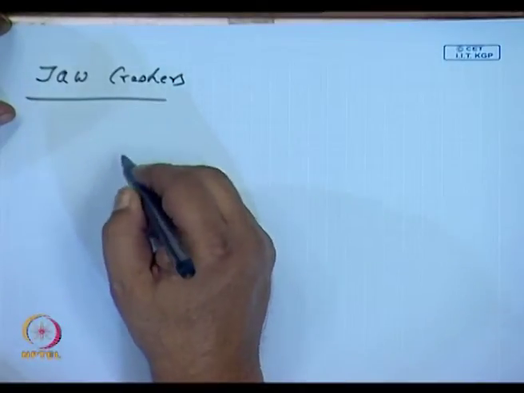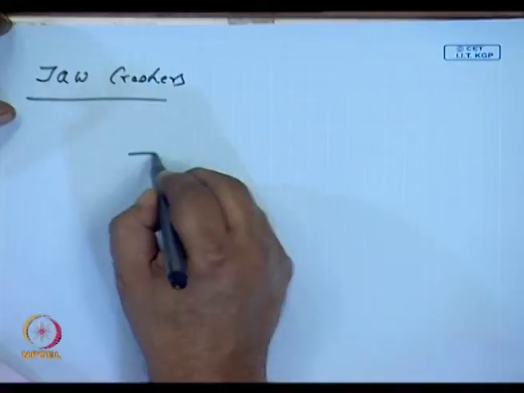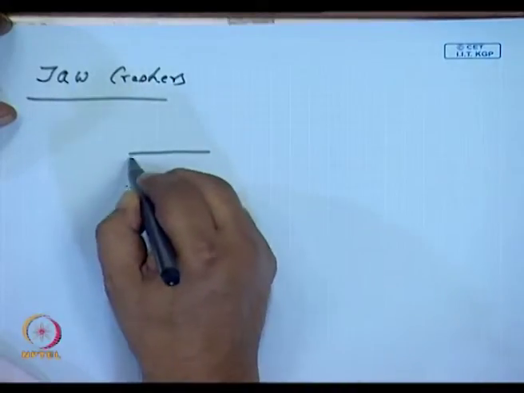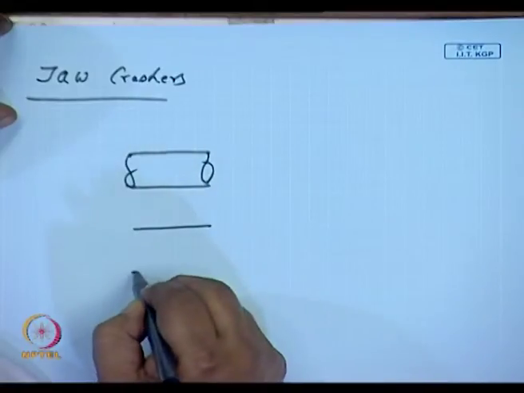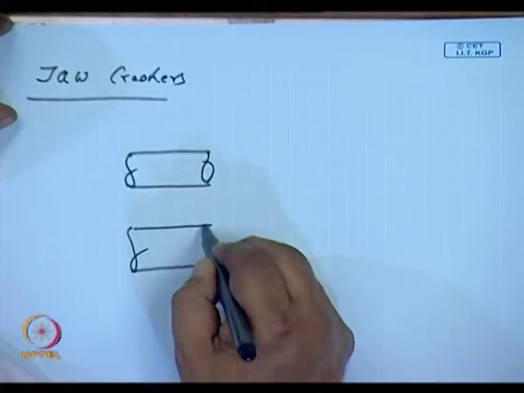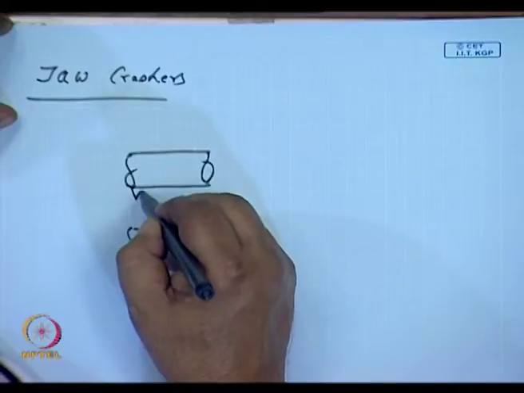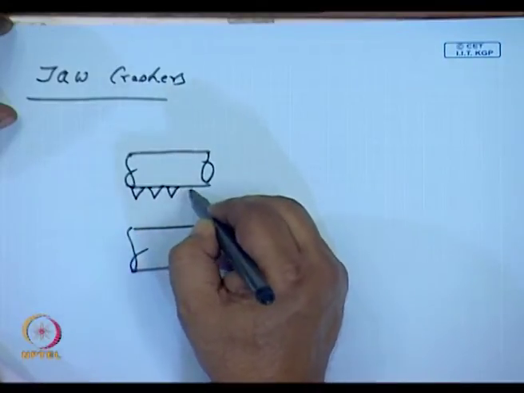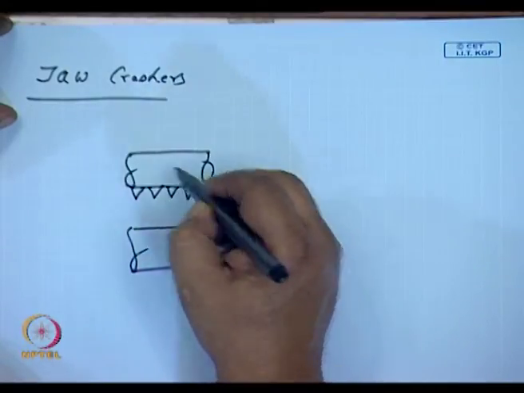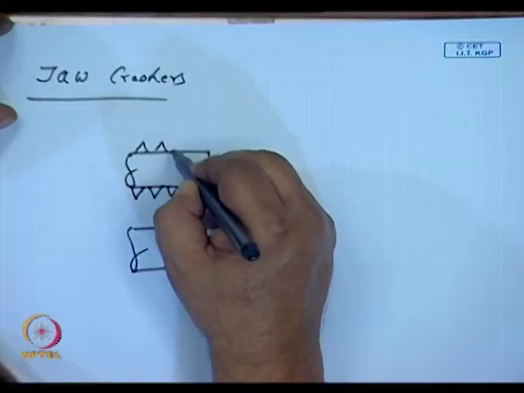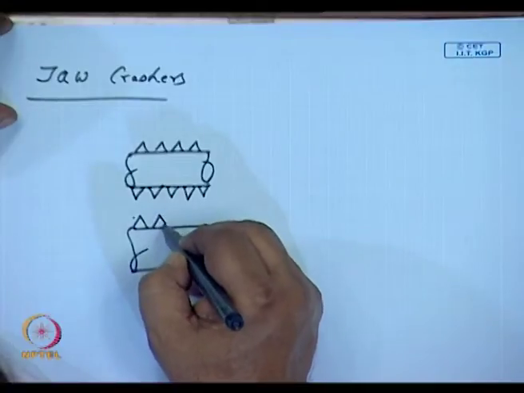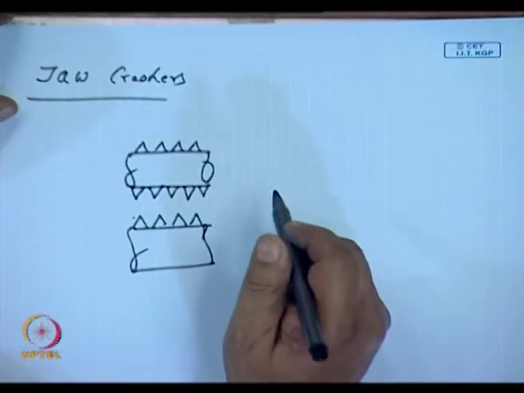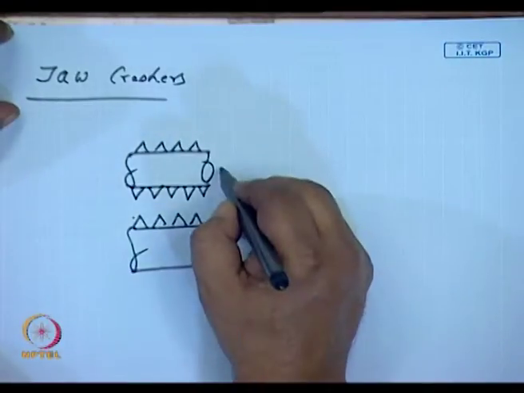What is over there is there are cylinders which have huge jaws, much like what you see on your bicycle, and these are rotating.